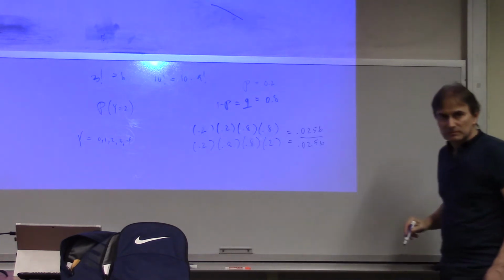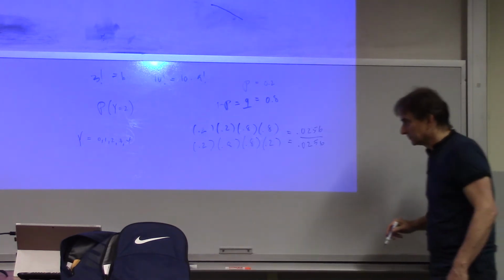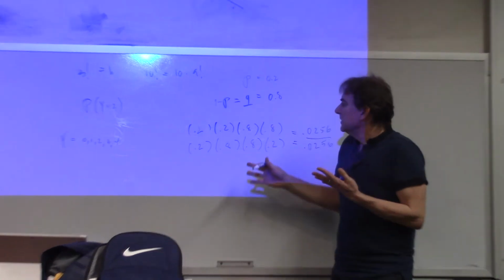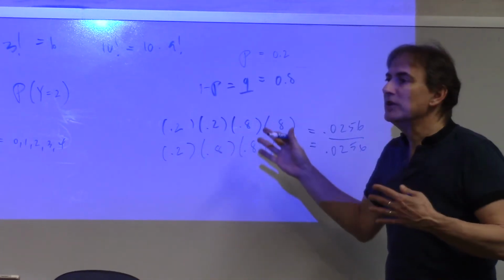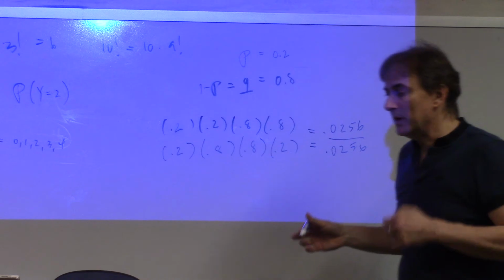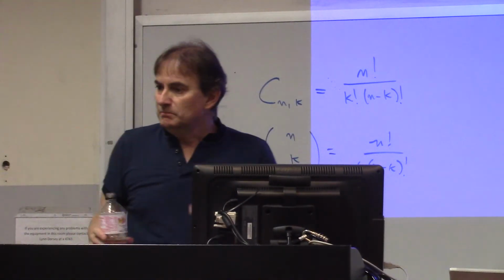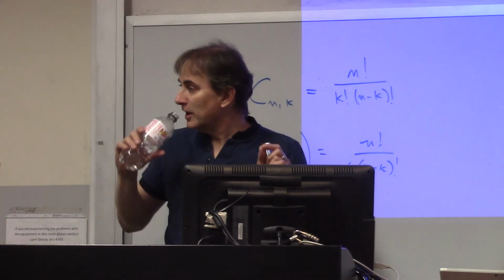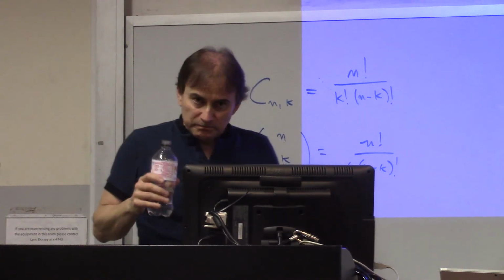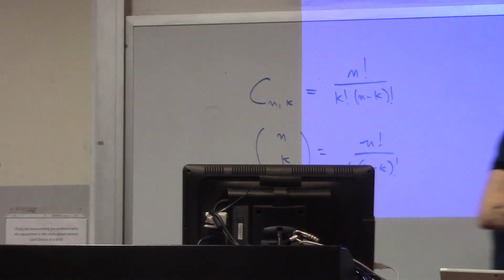0.0256. So the question is, specifically here, how many ways can I configure these 2 2s and 2 8s to get 2 successes that are different? Okay. 4 factorial by 2 factorial into 2 factorial.